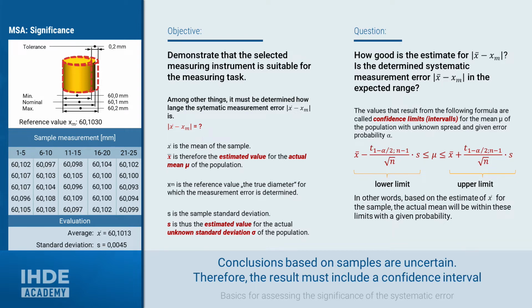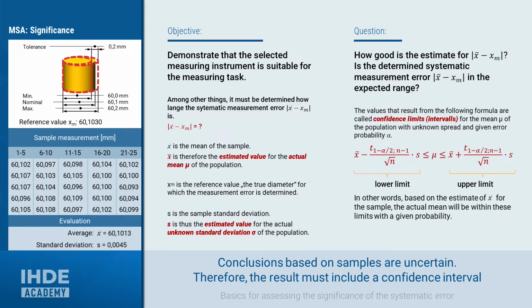The formulas for calculating the confidence limits differ depending on the parameters for which they are to be calculated. The formula for the confidence intervals of a standard deviation is different than for the range, and that for the mean is different depending on whether the variance is known or not.